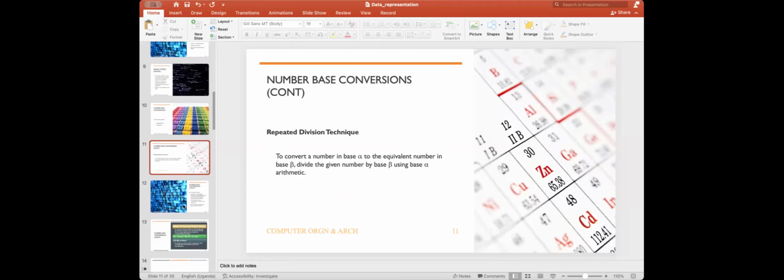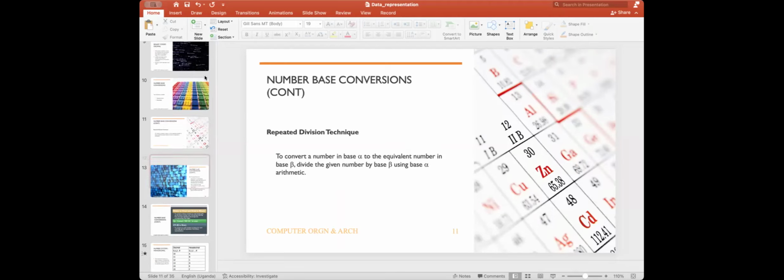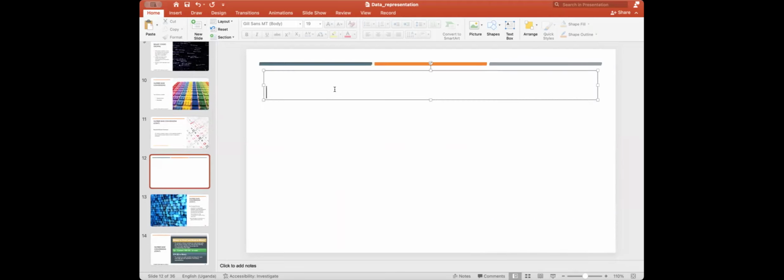Let me get one slide here that we can use. Let's say we are going to convert a decimal to binary.